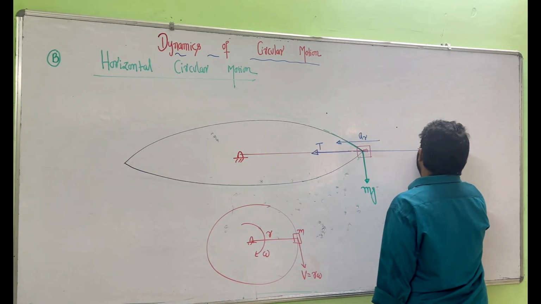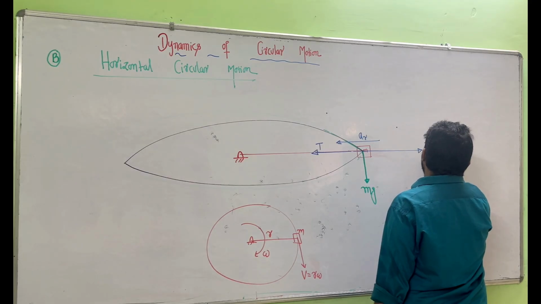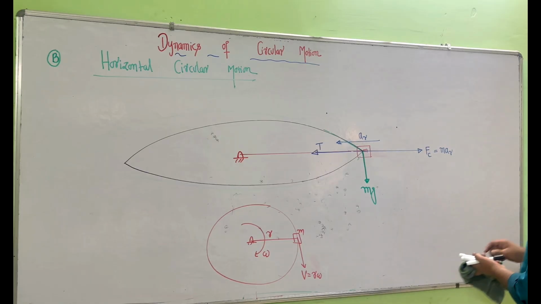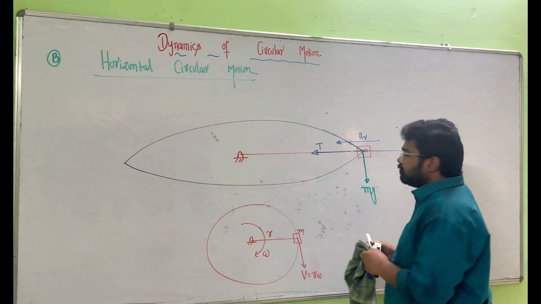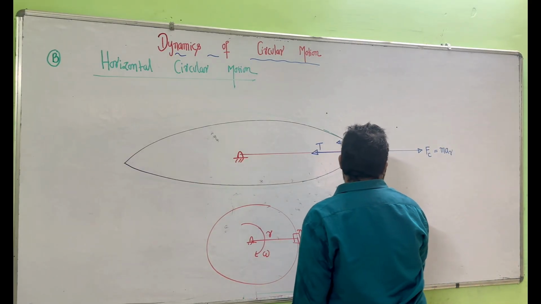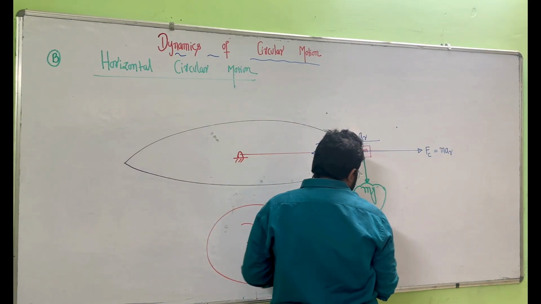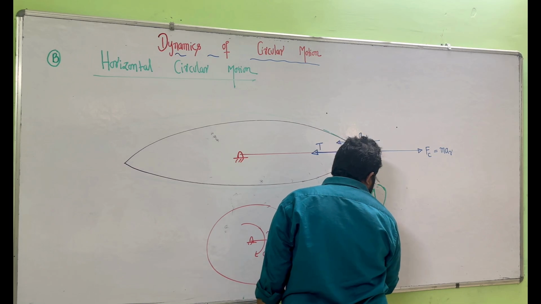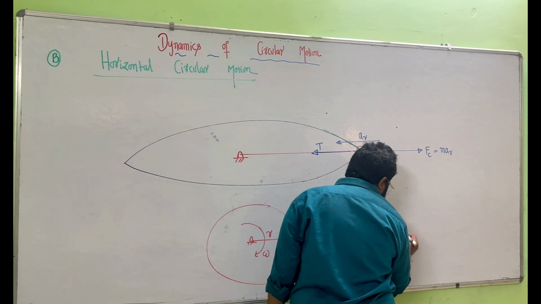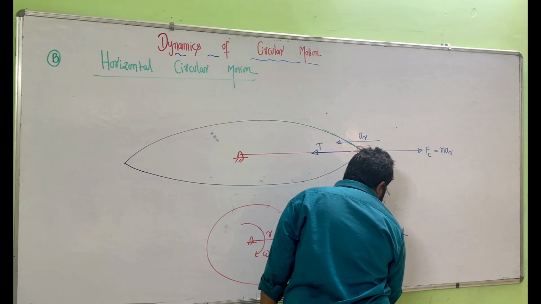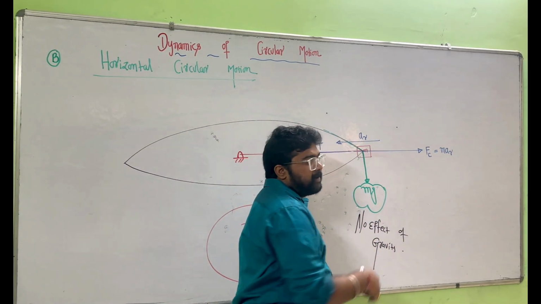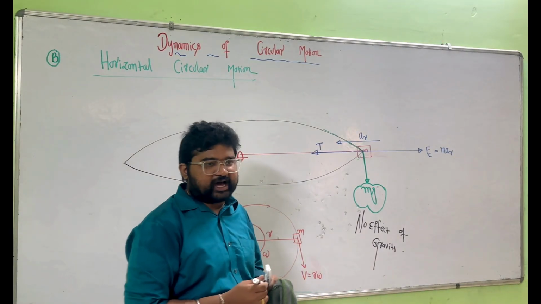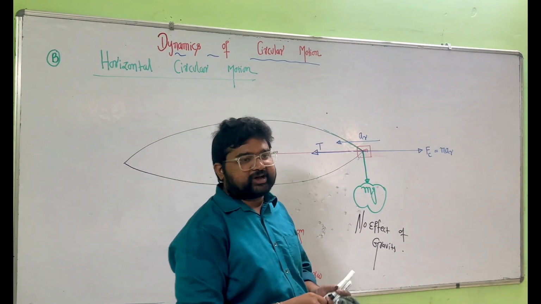Centrifugal force is always opposite to the direction of radial acceleration. Clear? If you draw the free body diagram for either right or left, it doesn't matter, both are the same. No effect of gravity, that is the assumption. Now only then will it move horizontally. This force is not balanced by any other force. Understood now? That means no effect of gravity.